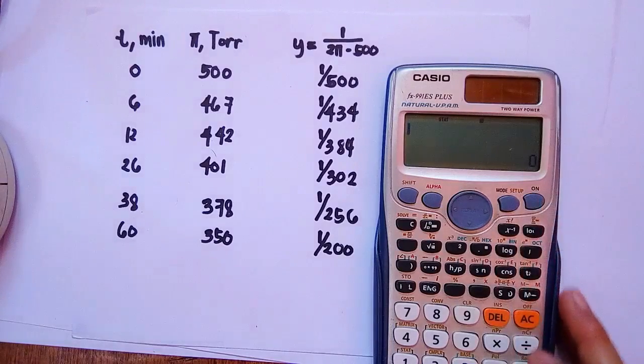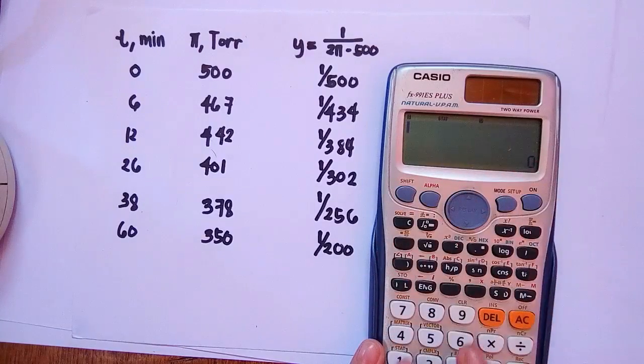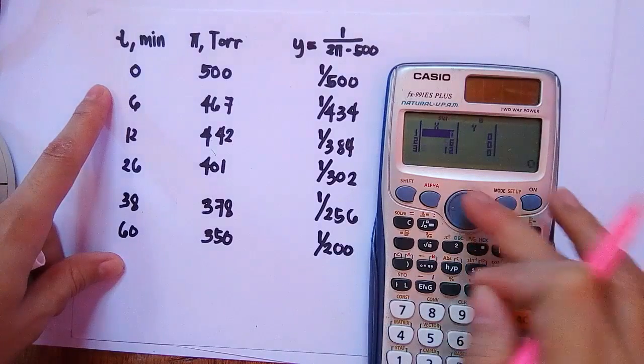If you have a 991 ES Plus calculator, or any calculator that can solve for linear regression, you can use it. So now I just have to input my x: 0, 6, 12, 26, 38, 60.